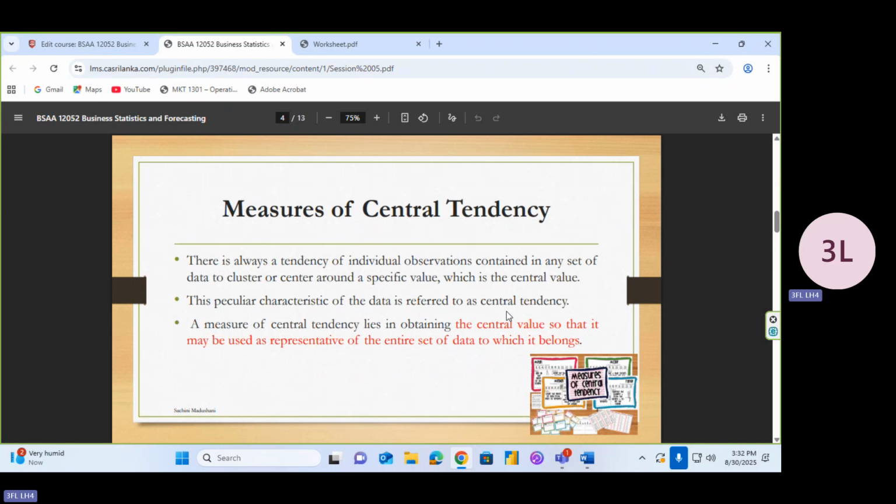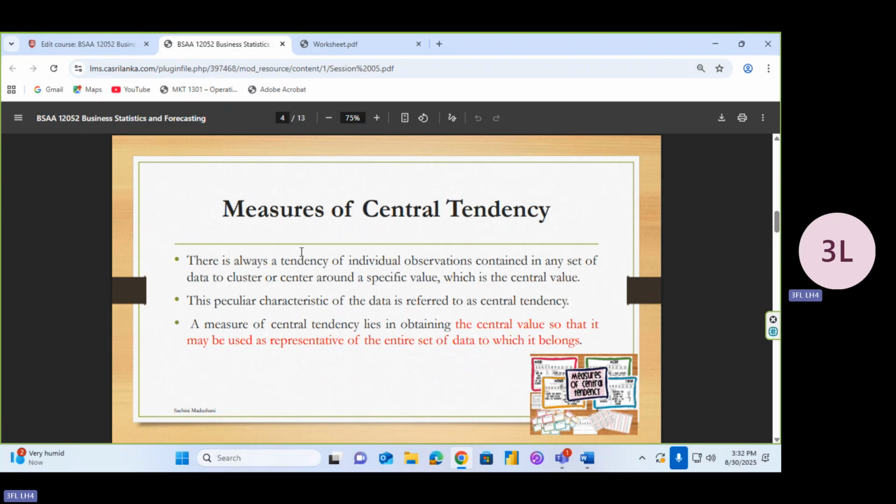It's clear? Then here it says, there is always a tendency of individual observations contained in any set of data to cluster or center around a specific value, which is the central value. Okay, then the first line explains what the central value is.